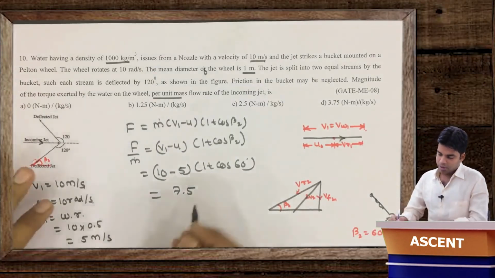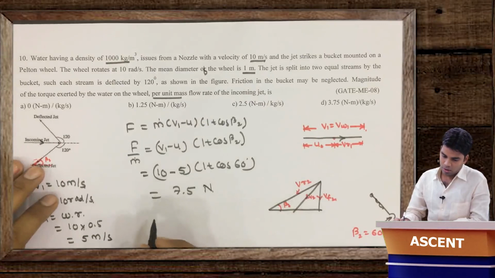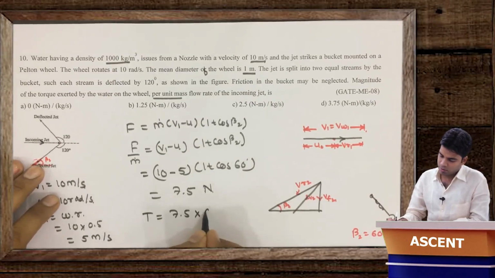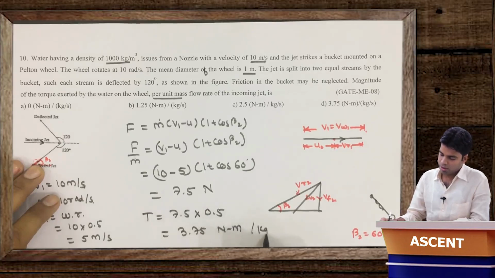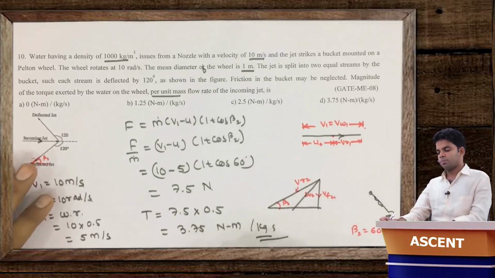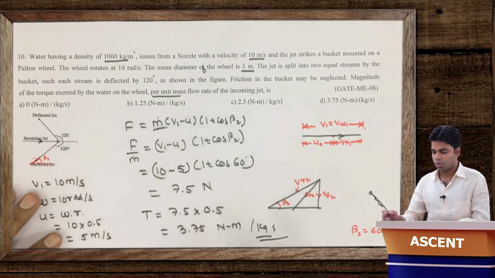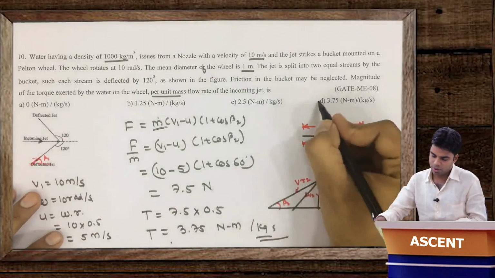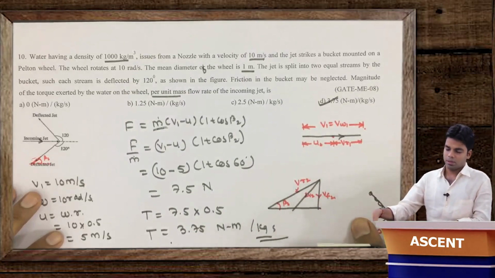Now torque will be equal to 7.5 into radius, which is equal to 0.5, diameter is 1 meter, so this will be equal to 3.75 Newton meter per kg per second, because this is per unit mass flow rate. Getting this? So this will be our torque, 3.75. Answer should be D. Clear or not?